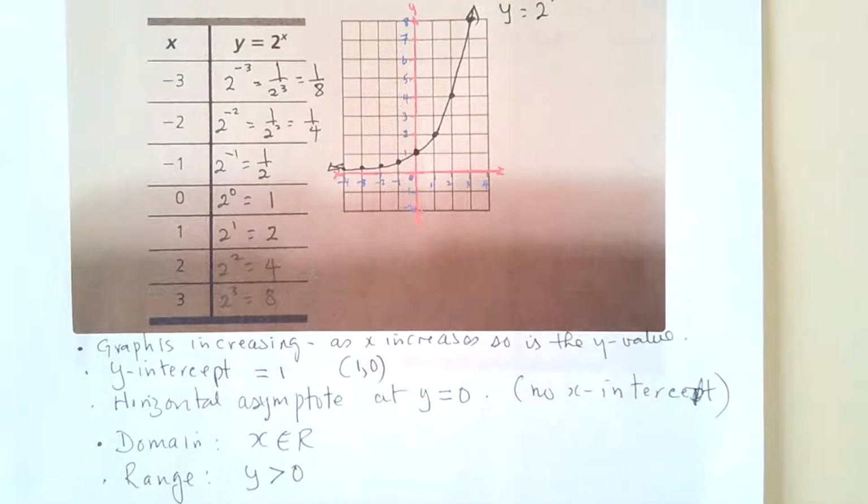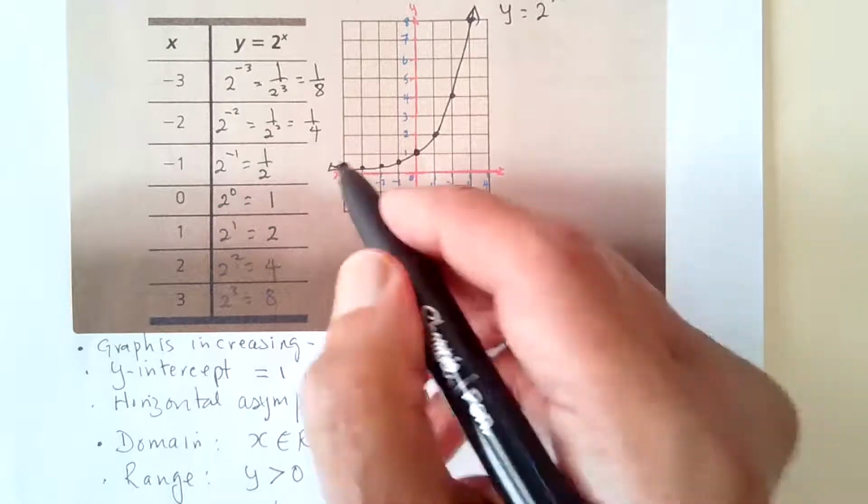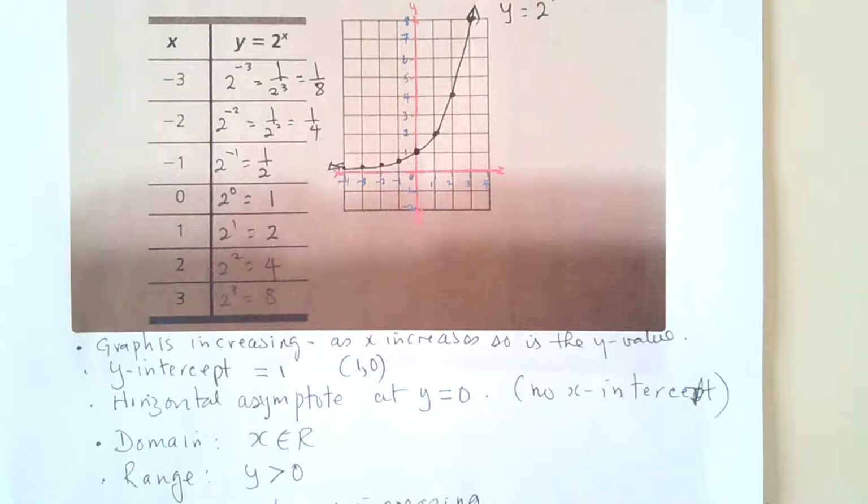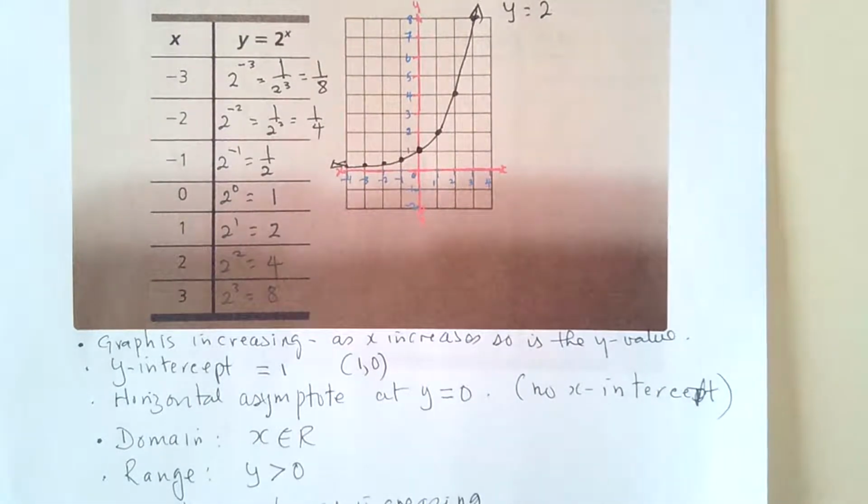Now, it doesn't touch it. We can conclude that this graph is always increasing, because as you go from left to right, the graph is increasing. Now let's look at the reverse.